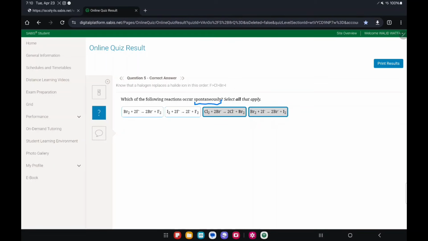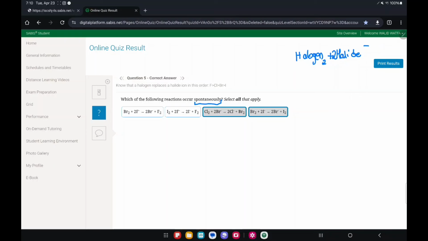Spontaneously. Remember the displacement reactions? It was always a halogen plus halide, right? The halogen was always the one that has 2, and the halide always has a 2 minus.